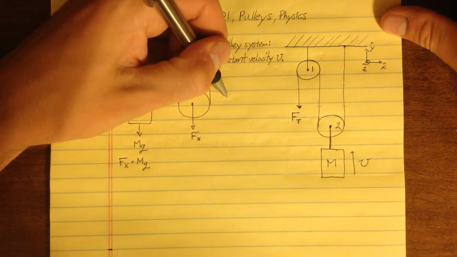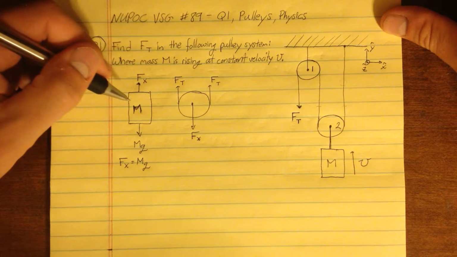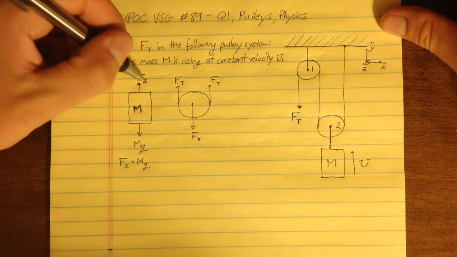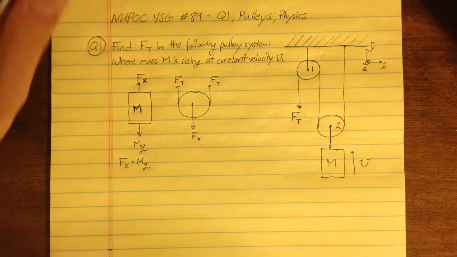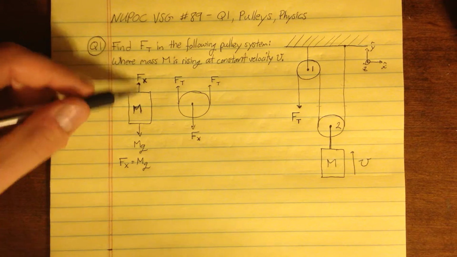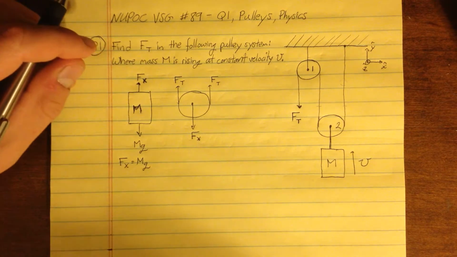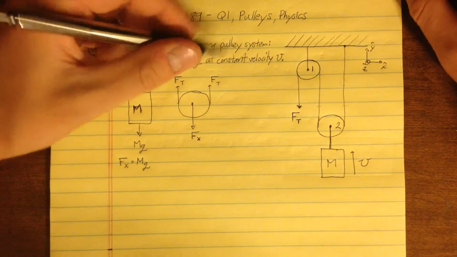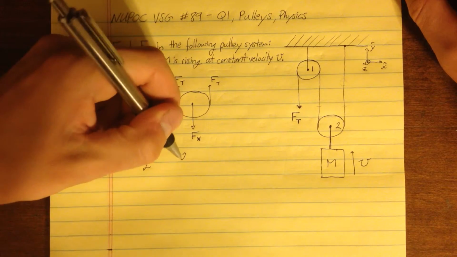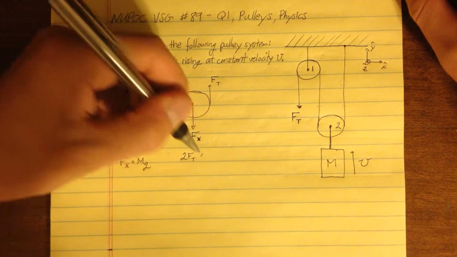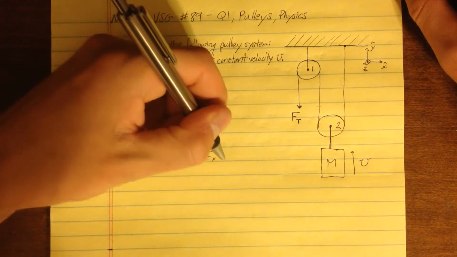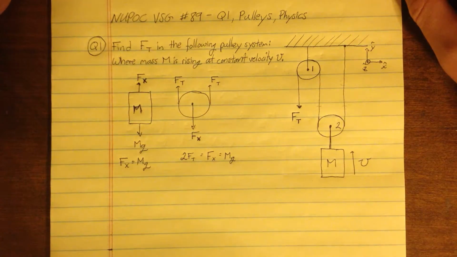So if I sum the forces in the y direction, I guess maybe I should have chosen this to be Fy, but that's okay. This is Fx, and even though it's moving in the y direction, I'm not going to bother changing my coordinate system, so we'll just keep going. Here we have 2Ft equals Fx, and then we can use the previous equation and say it equals mg.